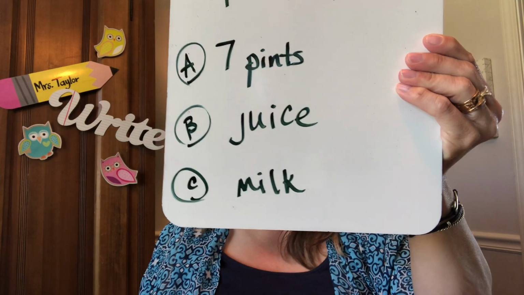It had the little pint and it had the 4 little blue cups inside of it? Yeah. All right, so 1 quart is equivalent to 4 8-ounce cups. Well, when I look at that, the only answer can be milk. There you go.